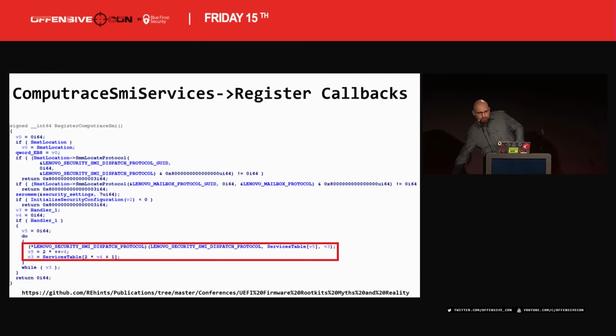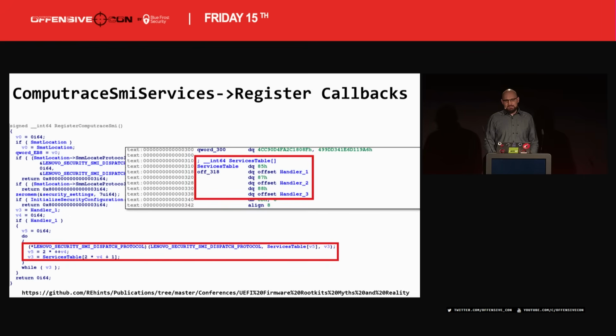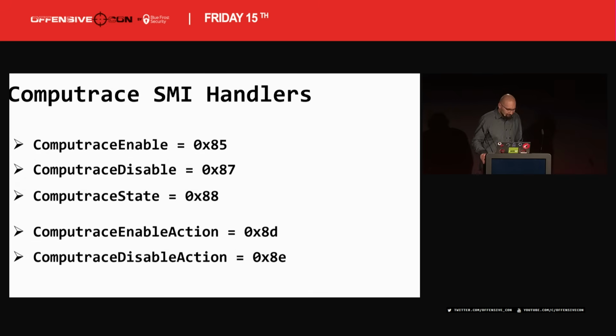Regarding CompuTrace services, what interested me most was the SMI handlers table, which has 3 SMI handlers. That was reverse engineered for my Black Hat Asia talk, and at that time I didn't know what exactly the SMI handlers were doing. I became more interested in this particular research when I discovered there is no way to permanently disable or enable it.